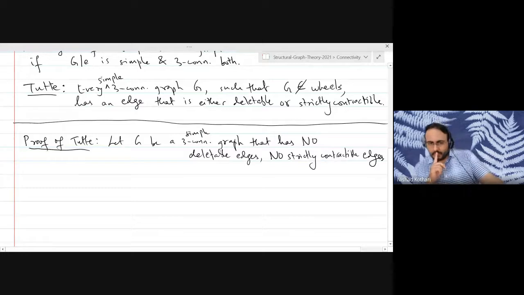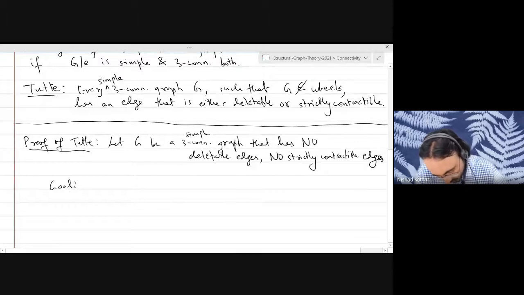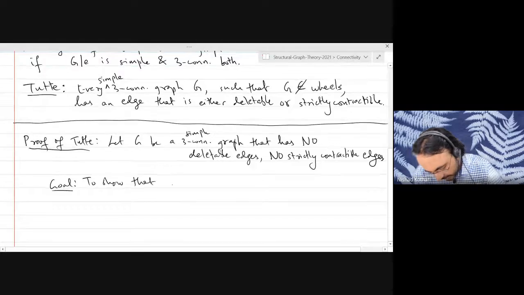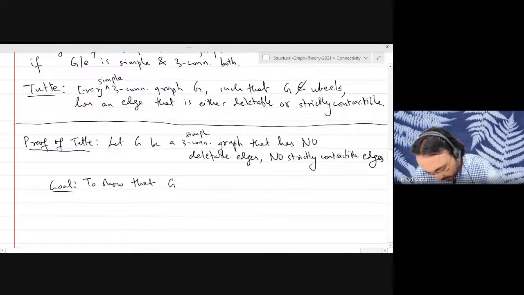Okay, our goal is to show that G is a wheel.